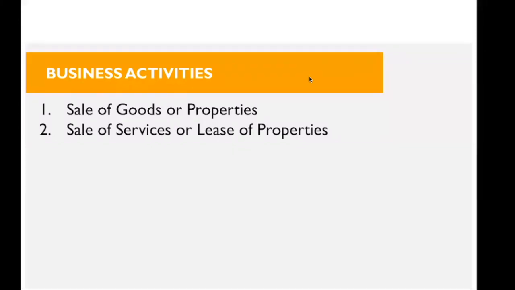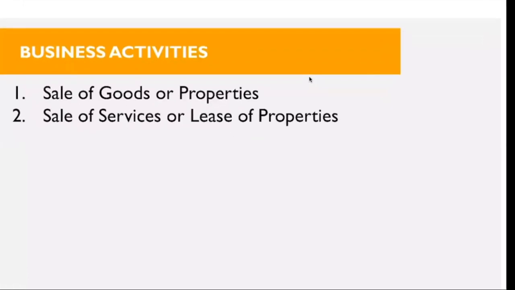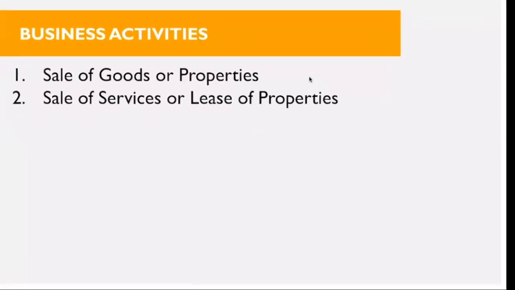So our business activities, generally goods or properties, sale of goods or properties. Another is sale of services or lease of properties. So in this particular business activities, what we need to learn here is how much is the amount that we need to include on our sales or receipts. So we need to learn the tax basis of our business activities.